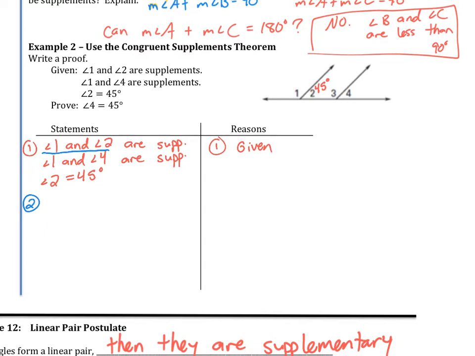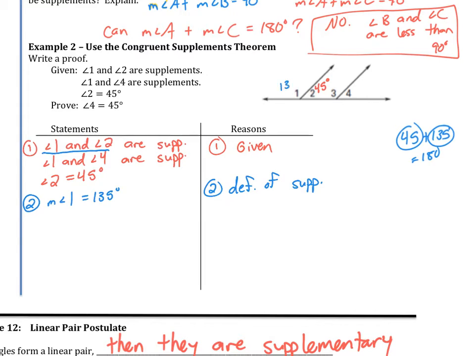That must mean that the measure of angle 1 is equal to 135 degrees. Because if they're supplements, that means they add to 180. So 45 plus 135 equals 180. So if one angle is 45, the other angle is 135. So this would be definition of supplements. So angle 1 is 135.